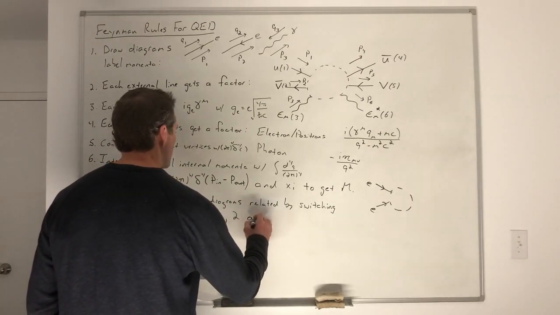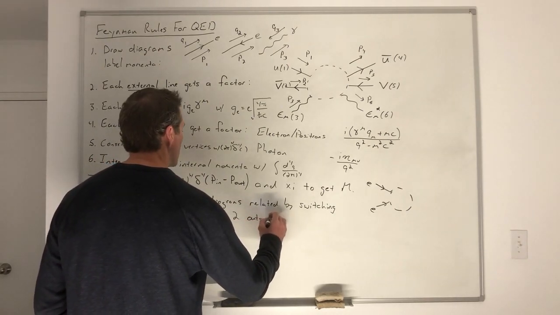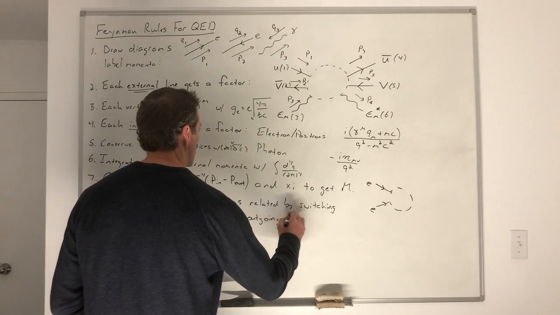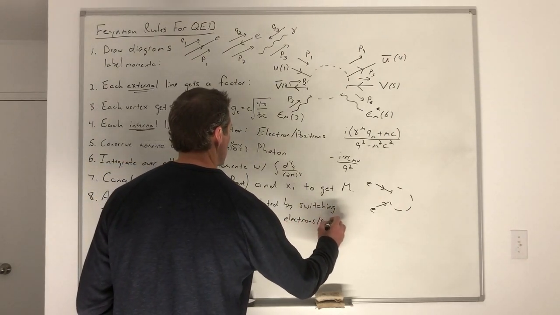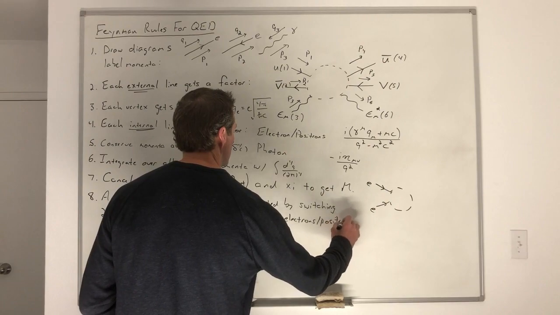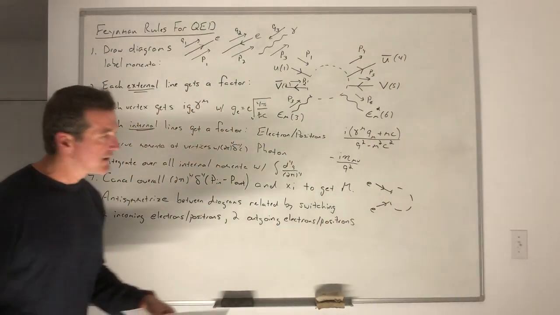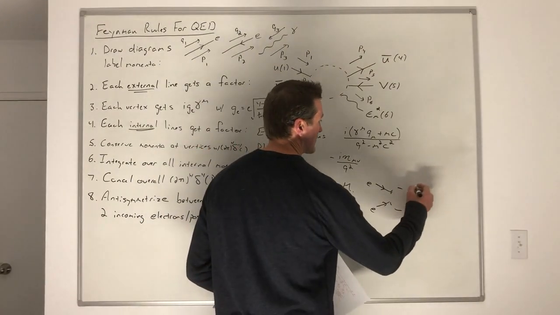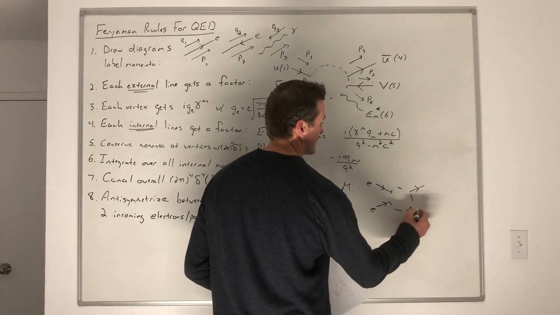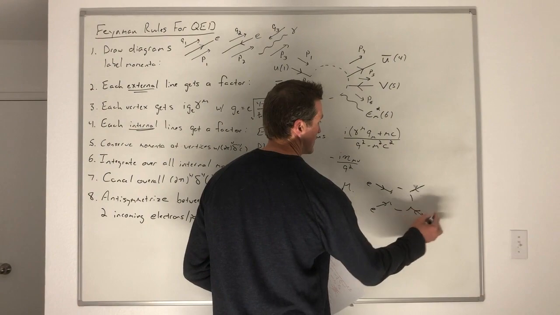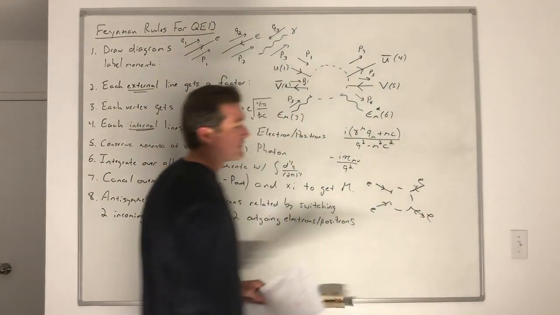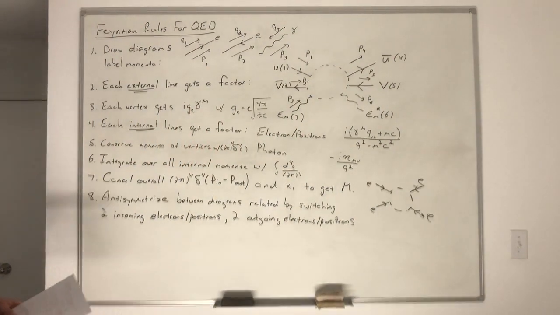Or two outgoing electrons or positrons. Okay, so, you know, if you have an outgoing, actually let's do anti-electrons.